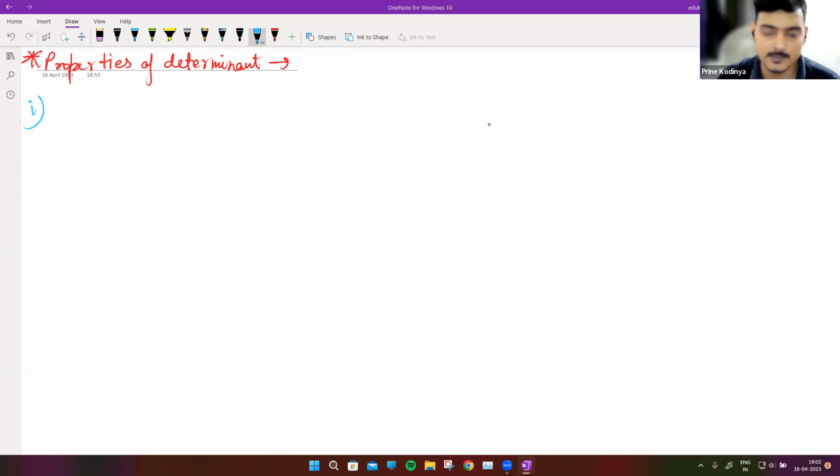So if you consider some square matrix A, there will be a certain value of the determinant of A. Now, if you take A dash, that is, the transpose of that matrix, the value remains totally unchanged. So the first property is: determinant of A is equal to determinant of A dash for a square matrix.